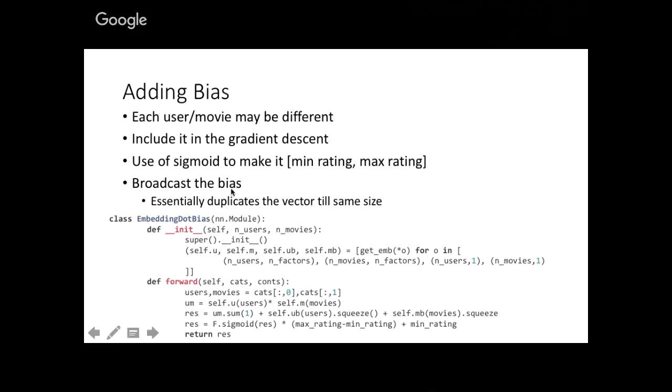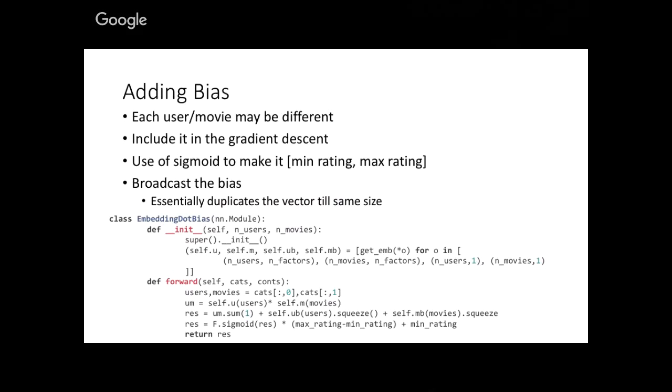He also mentioned something about broadcasting your bias, since it's only a vector and you need to do a matrix multiplication on it. Anybody have any idea what broadcasting is? Broadcasting is a feature in NumPy where, say you want to multiply a 4x3 matrix by a 4x1 matrix, you can't because the dimensions don't match.